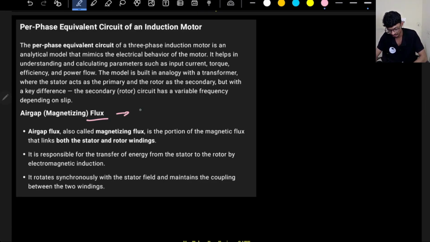Because the air gap flux rotates with synchronous speed, and rotor flux also rotates with synchronous speed with respect to a stationary observer. So that's why we will use the frequency f only. We will not use anything else. Okay, so I hope that part is clear.